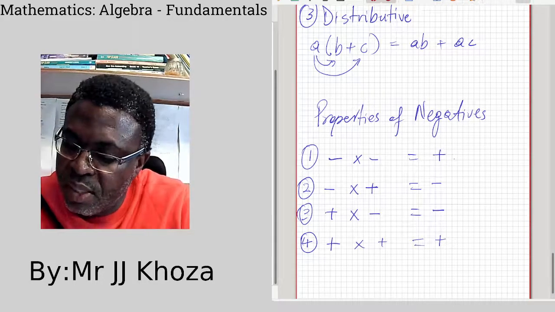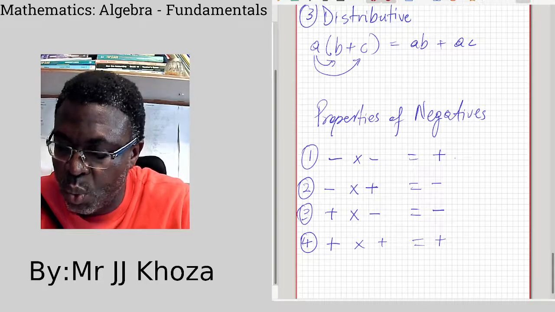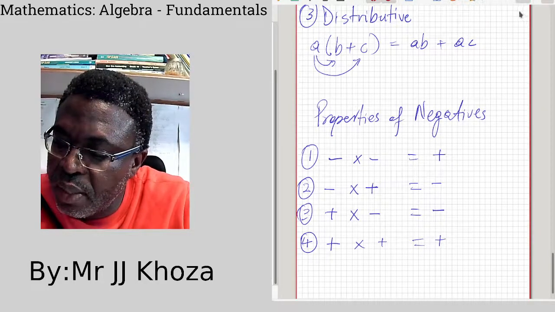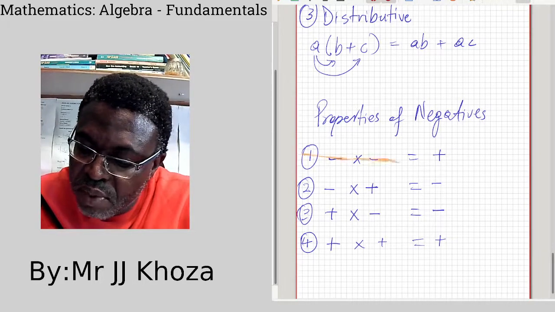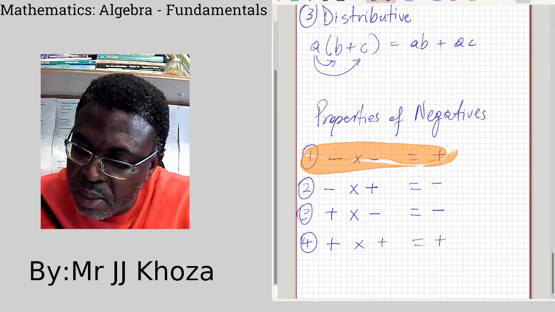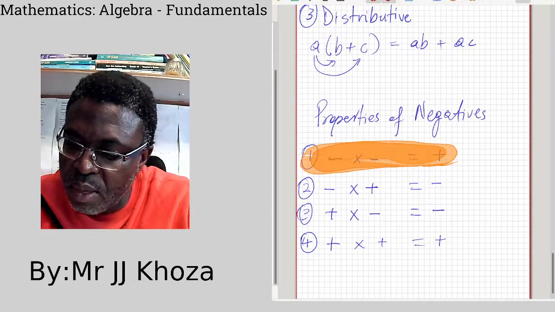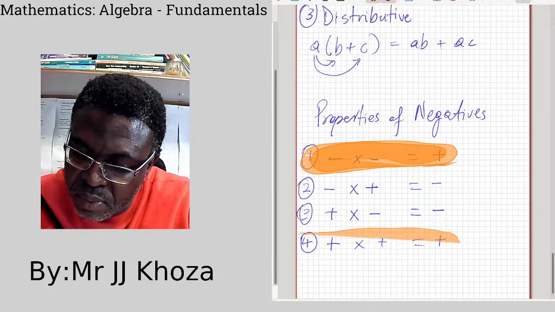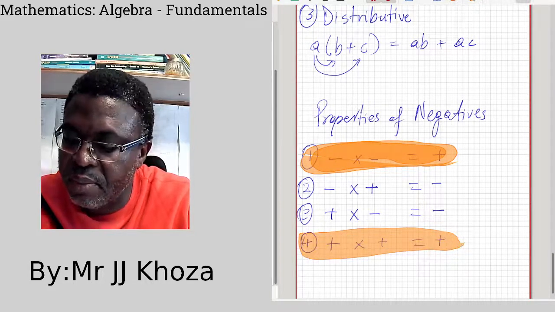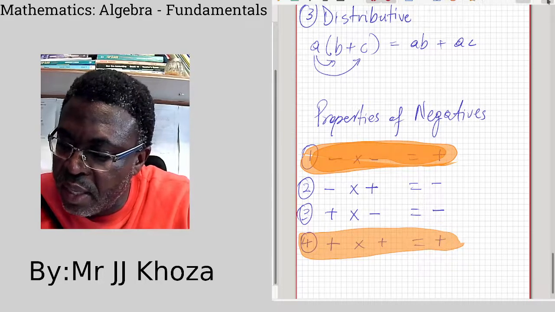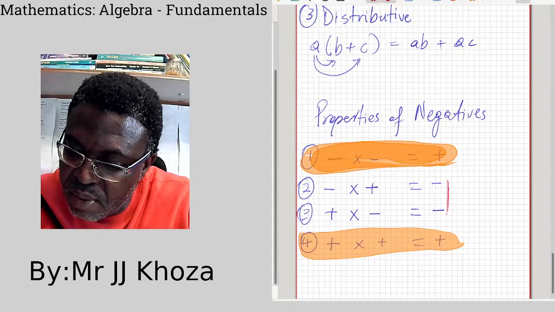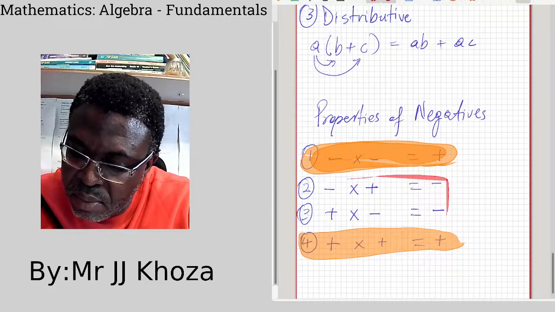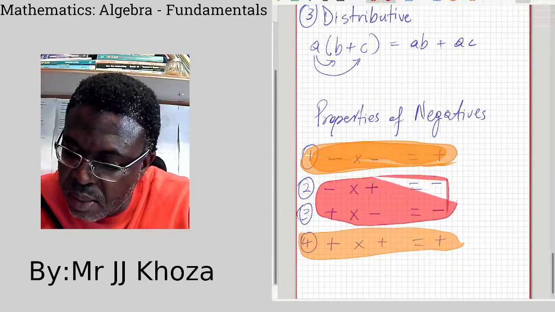So positives come from 2 numbers, positives come from here. This is where positives come from, right here. And the negatives come from here.